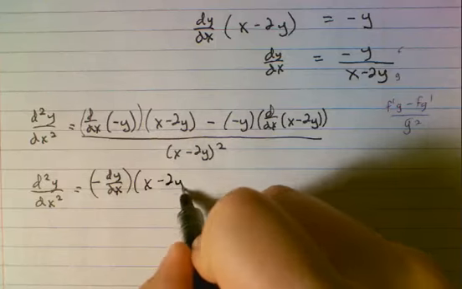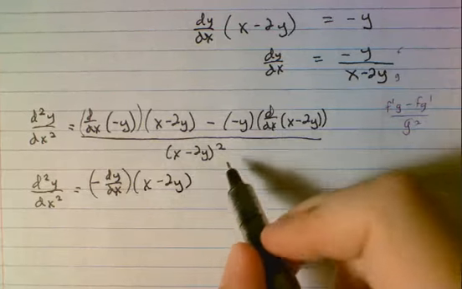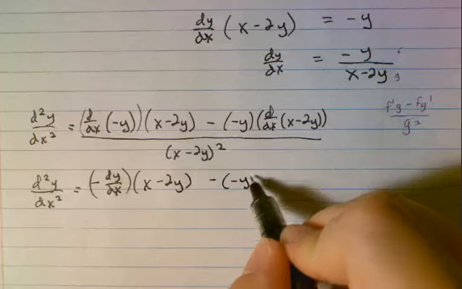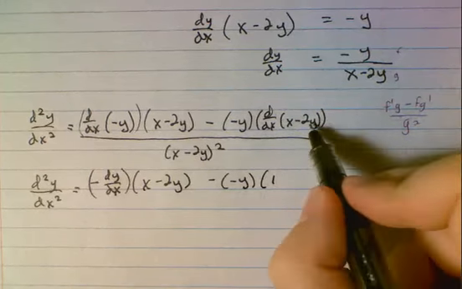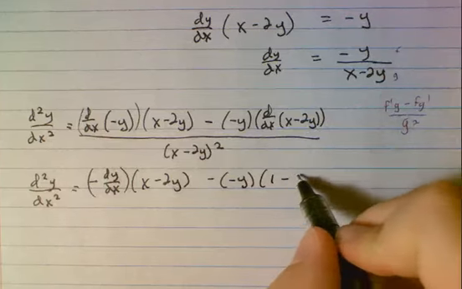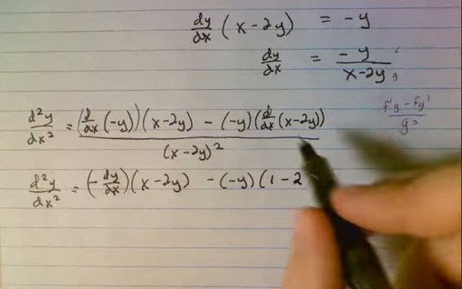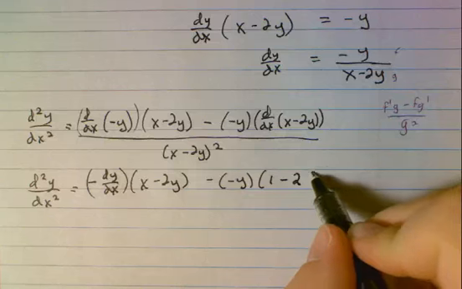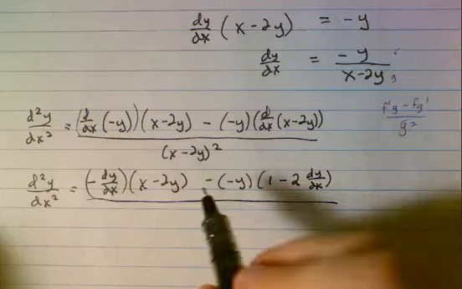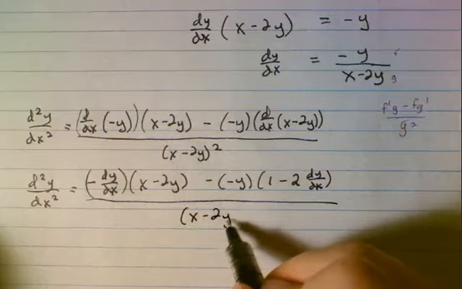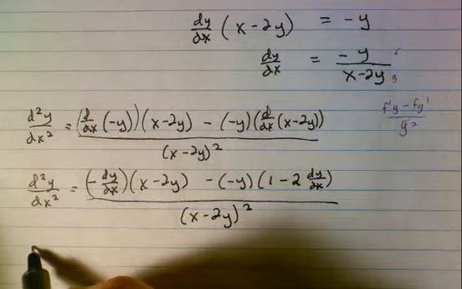X minus 2y is along for the ride, minus negative y. The derivative of x is 1. The derivative of negative 2y is negative 2, but this y doesn't match the x, so we've got to do chain rule, dy dx. All over x minus 2y squared.